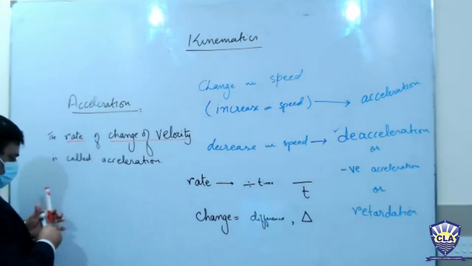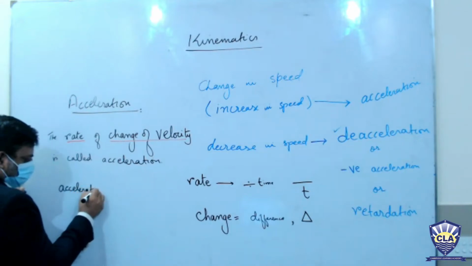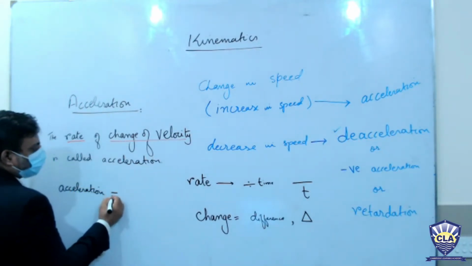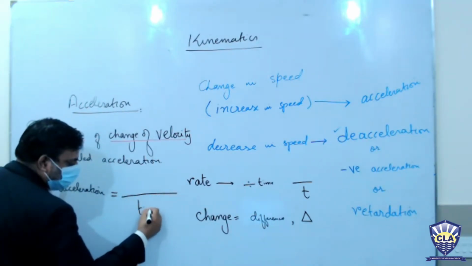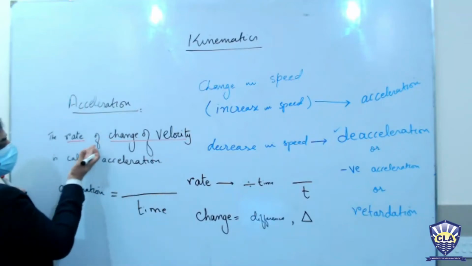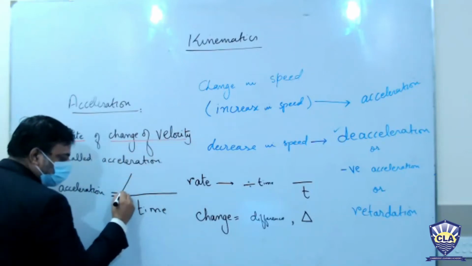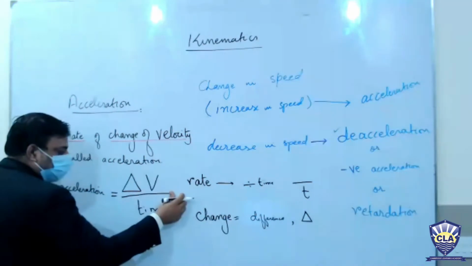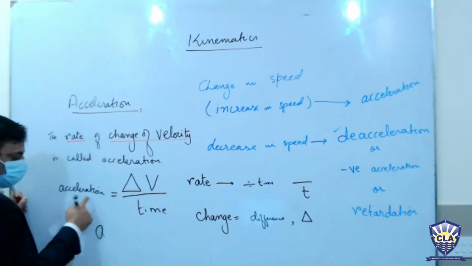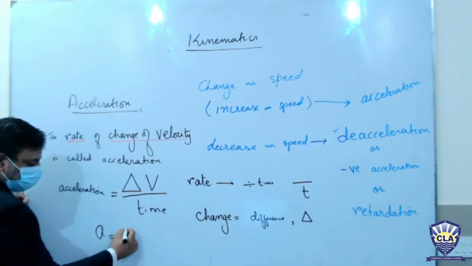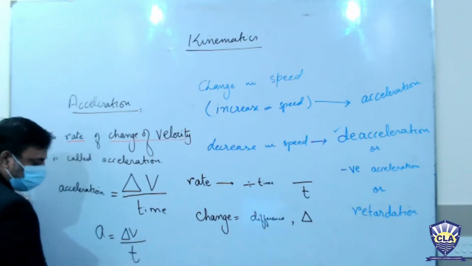That means acceleration is equal to what? Rate means divided by time. What is that thing we have to divide? Delta, change of velocity. Okay? So acceleration, we denote acceleration with small a, is delta V over t.